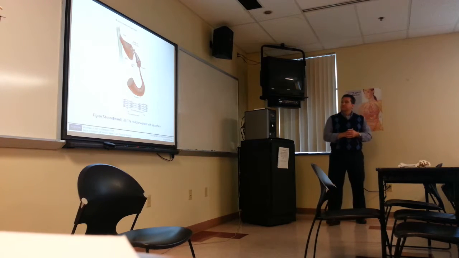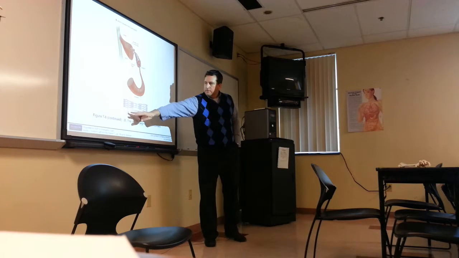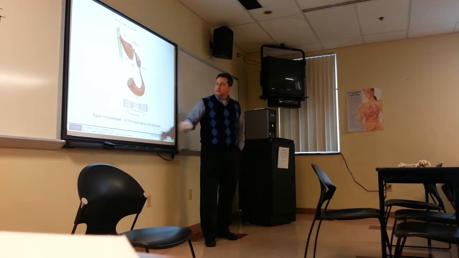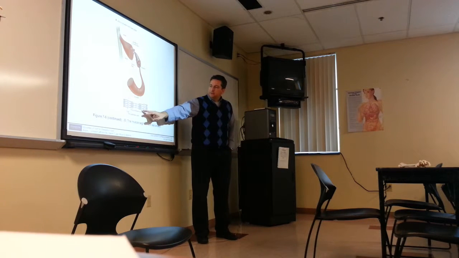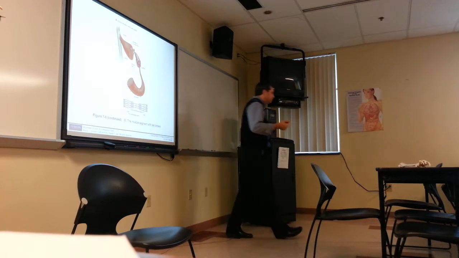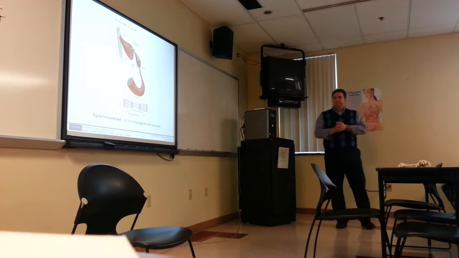Okay, so you can see sarcomeres here: from here to here, from Z line to Z line, is a sarcomere. Notice how we have these thin filaments here, and the thick filaments in the middle. They look like they have little golf club heads on them.